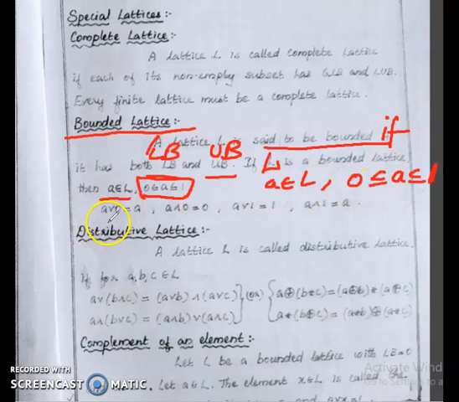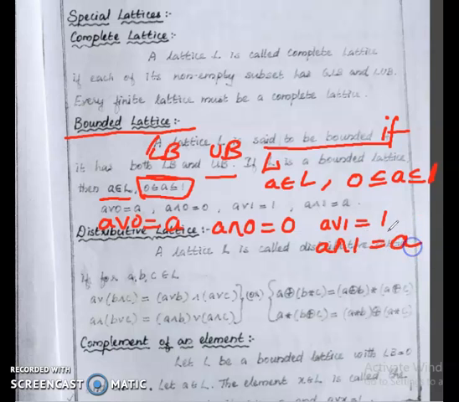And also we have A or 0 is A, A and 0 is 0, A or 1 is 1, A and 1 is A. If it satisfies these four conditions, then it is called a bounded lattice. That is the definition of a bounded lattice.